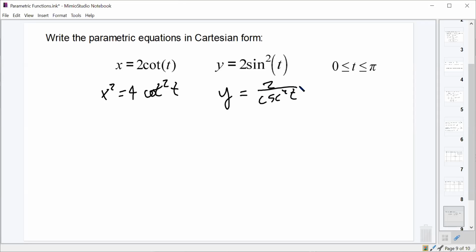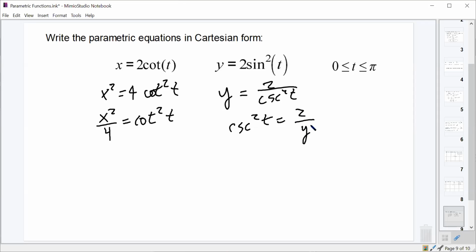Then I got cotangent squared t on one side, so I had x squared over 4 equals cotangent squared t. And on the other side, I got cosecant squared t isolated, so cosecant squared t is equal to 2 over y.